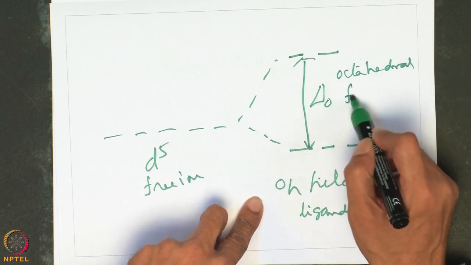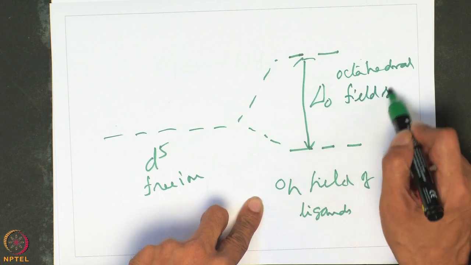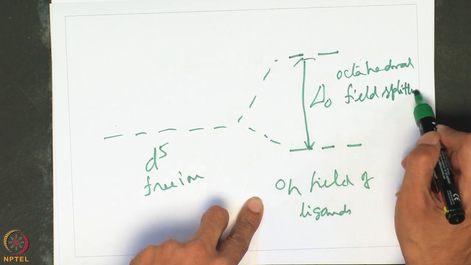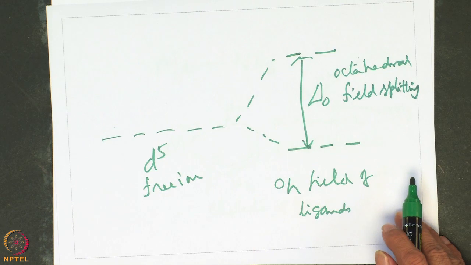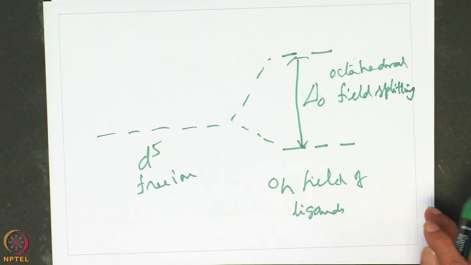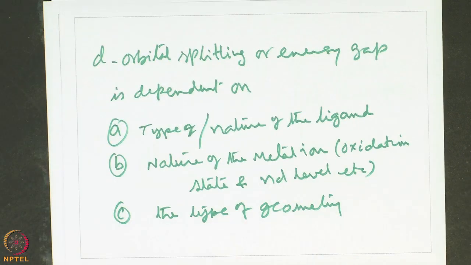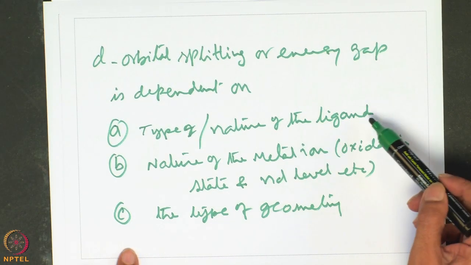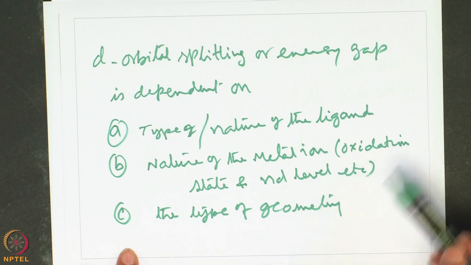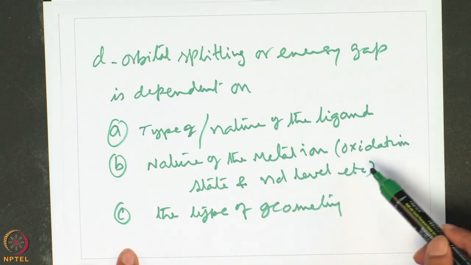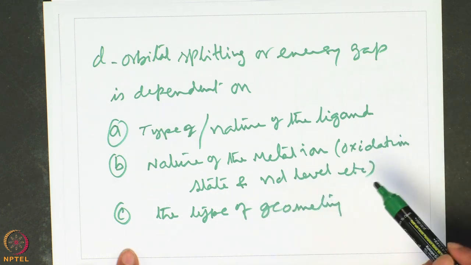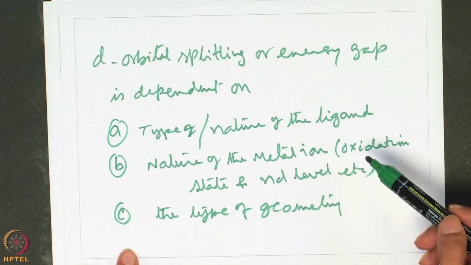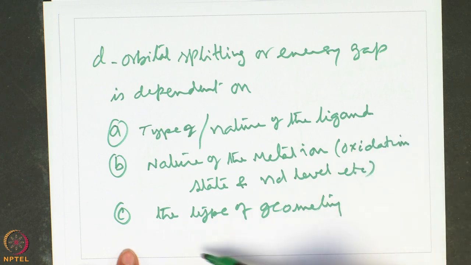This octahedral field splitting obviously is dependent on the type and nature of the ligand, the nature of the metal ion, the oxidation state, which n level, n equal to 3, n equal to 4, n equal to 5, etc., 3d, 4d, 5d, or the type of the geometry, and all of these aspects are involved.